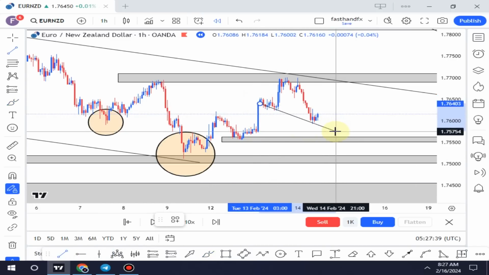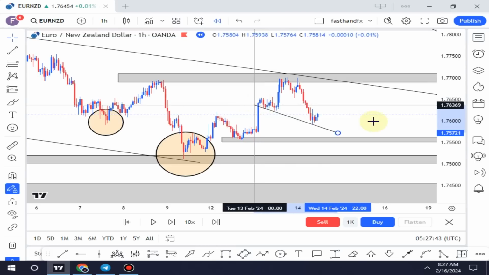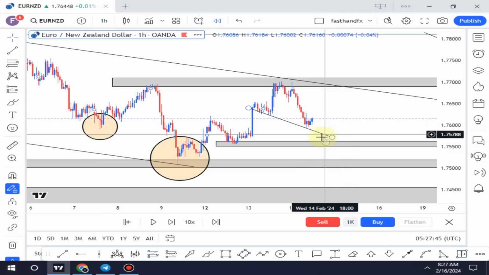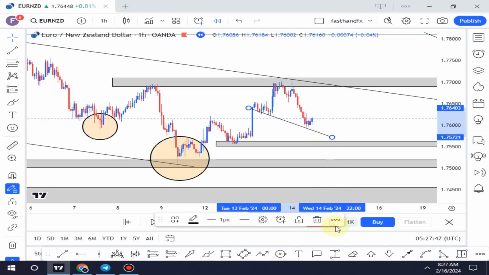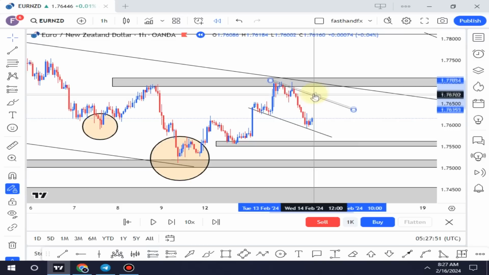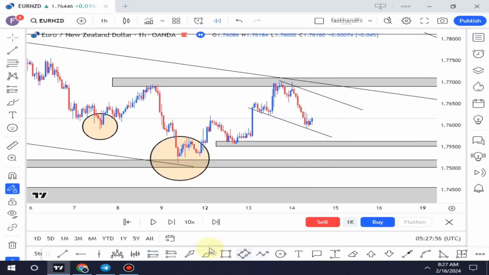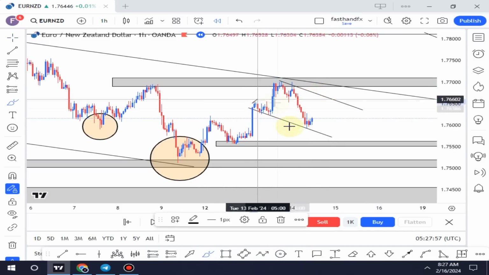You needed to bring a trend to pass right here. After that I was supposed to clone this and make it this high. This level just gave me a sign that the market wanted to give out a new trend.